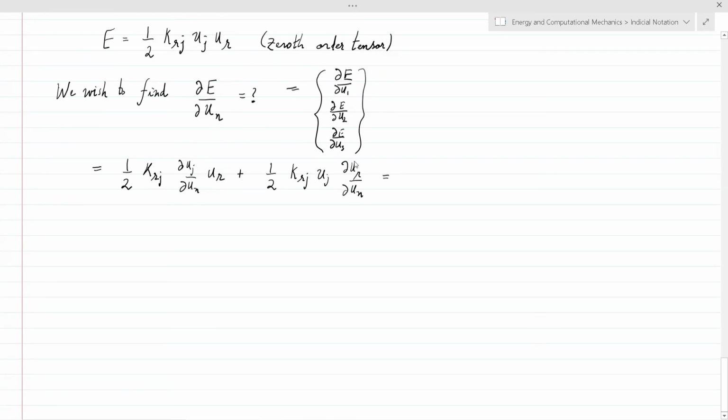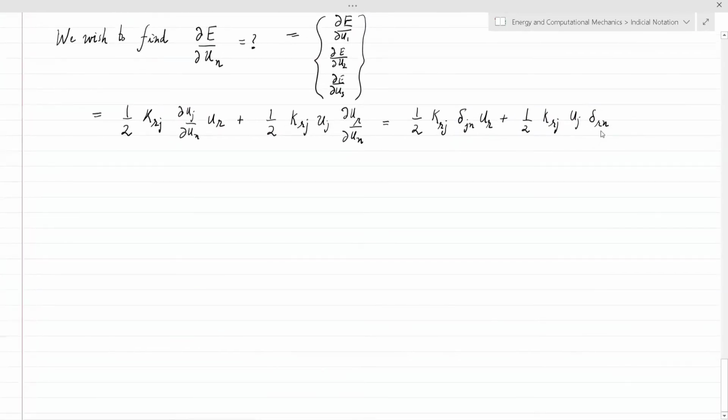Now we already know this Kronecker delta, and that's Kronecker delta. So then I have u_j delta_jn. That's delta_jn, as I showed you earlier. And this right here is delta_jr. I hope you're following with me so far. And so now I can take this j, cancel it out, and bring n over.